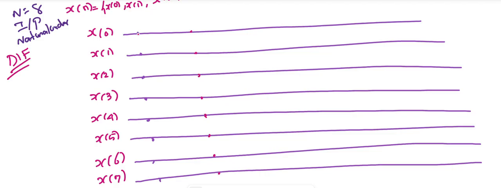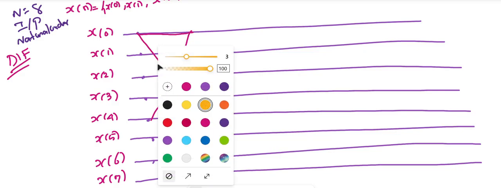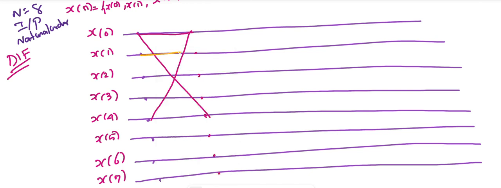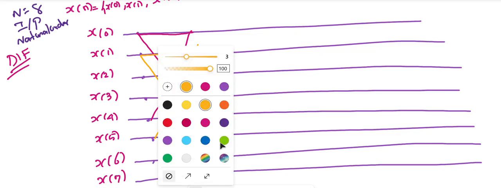This is the first butterfly, then the second butterfly, then the third butterfly will be green color.